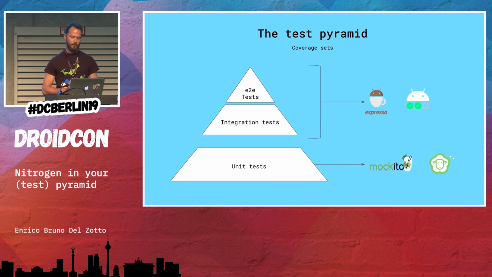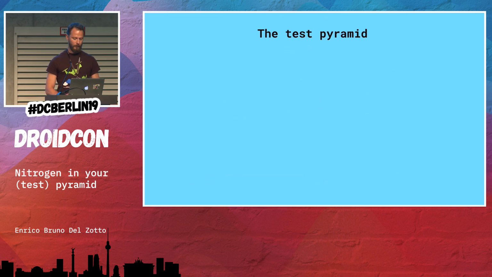This is more or less the set of frameworks that we use to cover different levels of testing. At the low level, we can use Mockito and Robolectric, and at the higher level, Espresso and directly the Android runtime, so the device or the emulator.